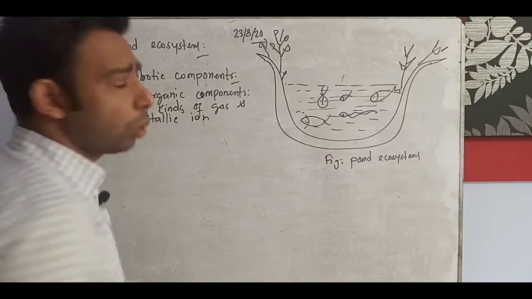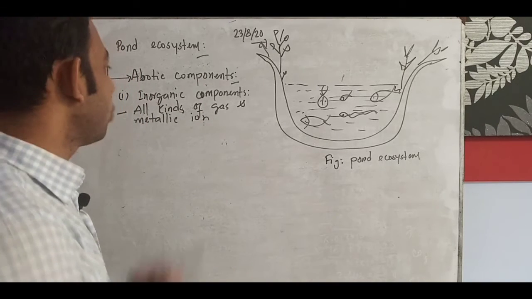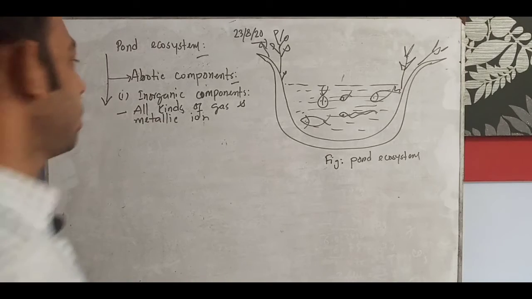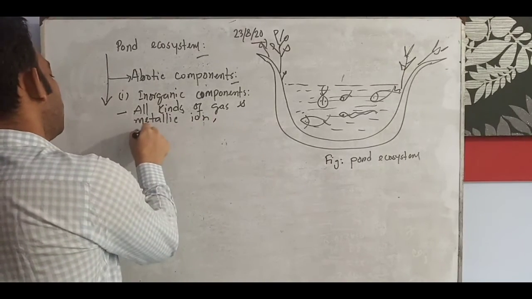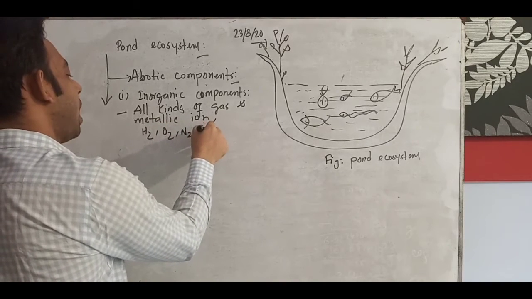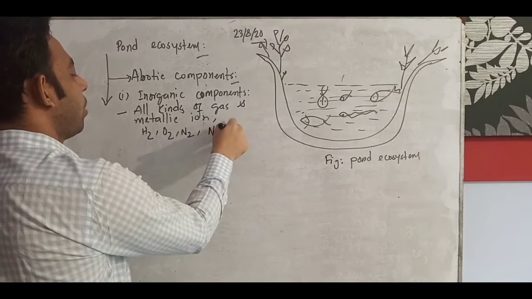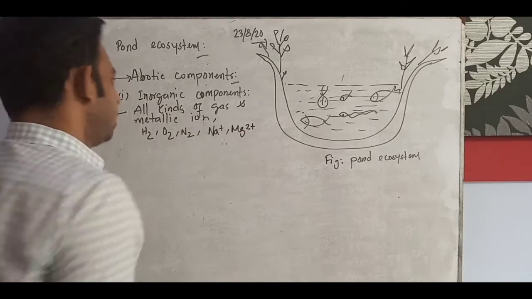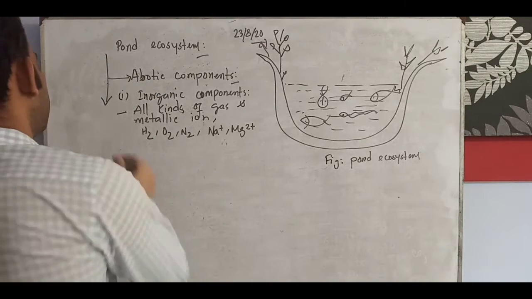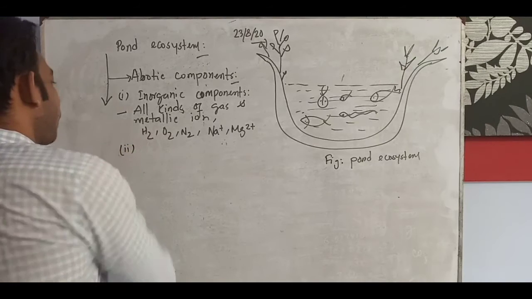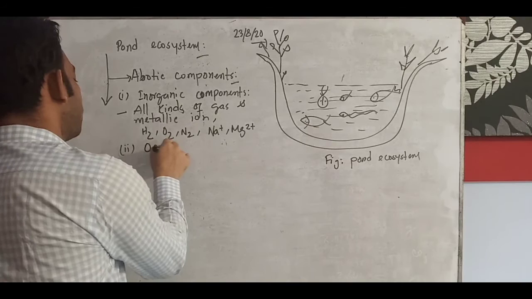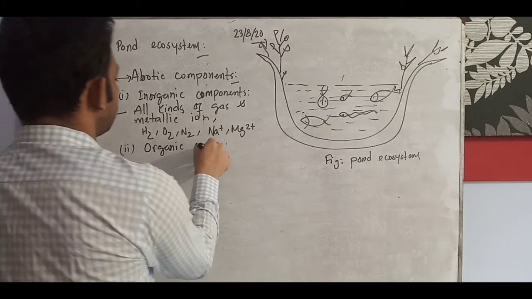You can write it that way easily, so that it will be very easy for any kind of ecosystem. I write similar things: you can write hydrogen, oxygen, nitrogen, and metallic ions like sodium ion, magnesium ion. So this is the important thing about inorganic components. And the number two component is the organic components.